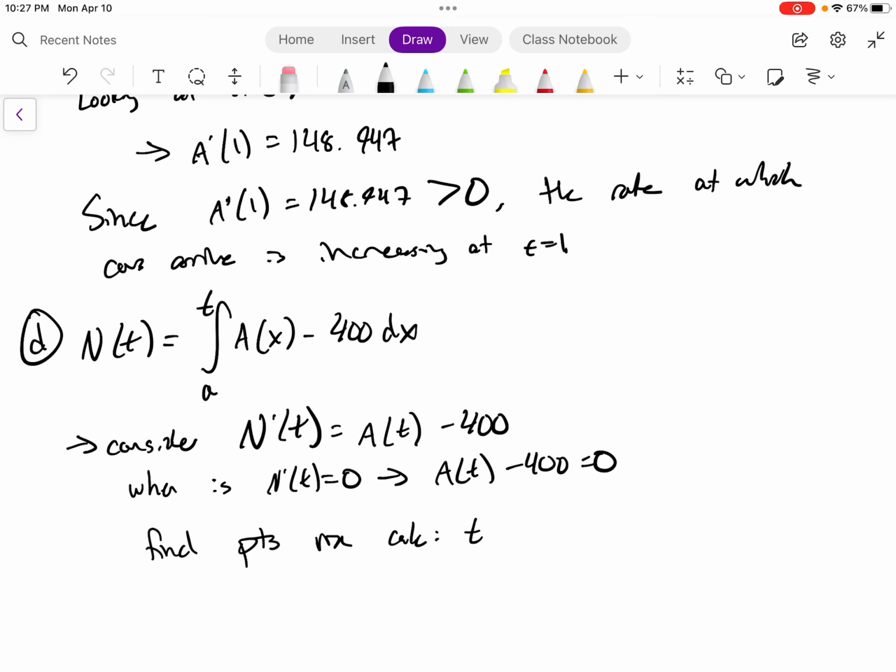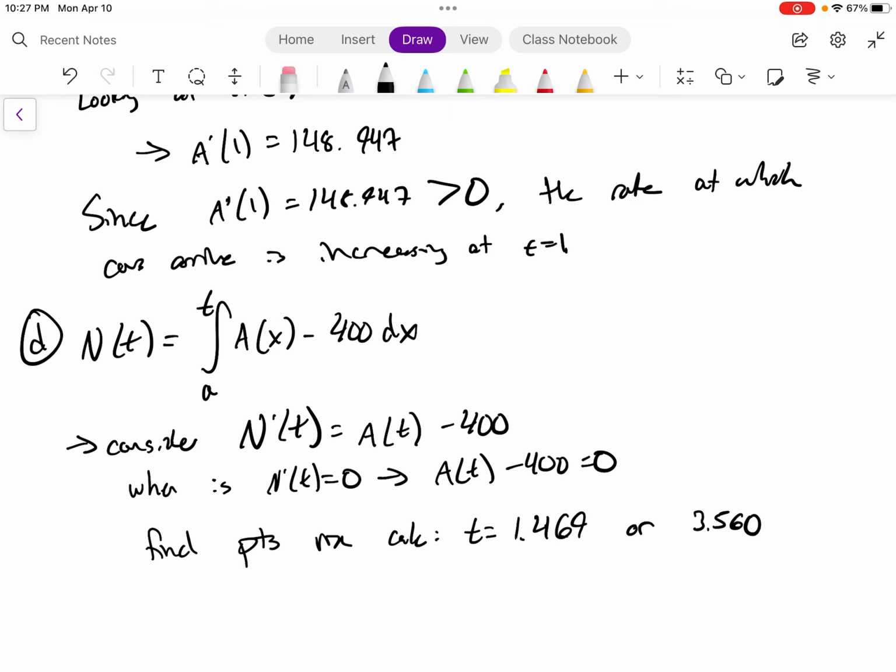And we're going to get t is 1.469 or 3.560, we'll say. Those are the 2 points where we might have critical points.